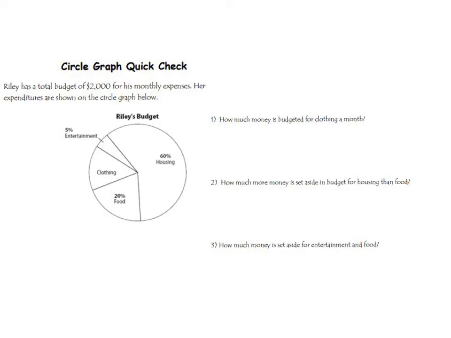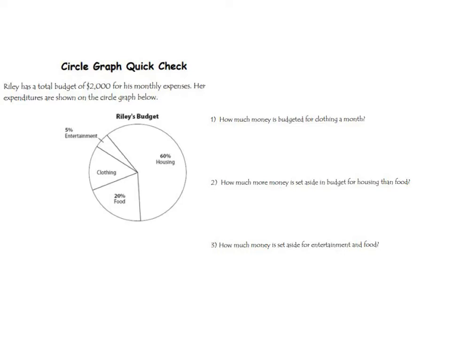In order to find out the clothing budget, we need to find the percent first. So what would we need to do in order to find that missing percent? Yeah, you add all the percentages and then you subtract it from 100.